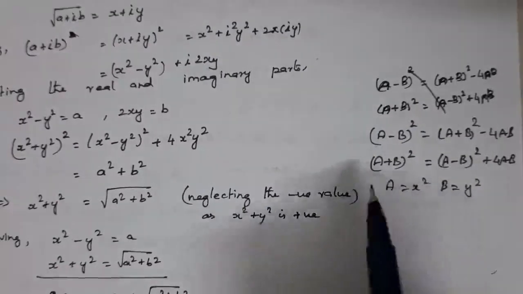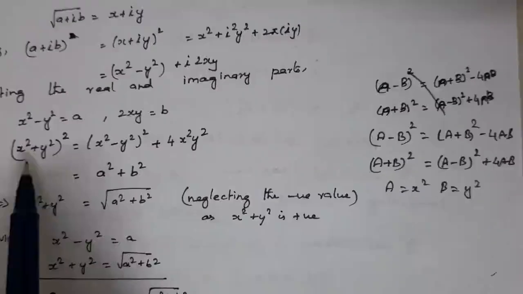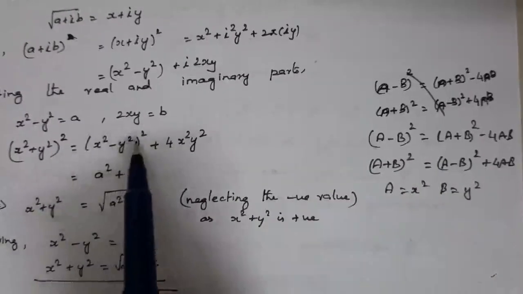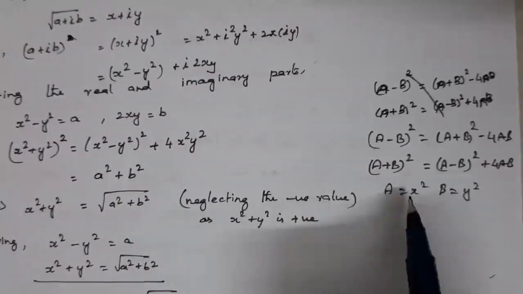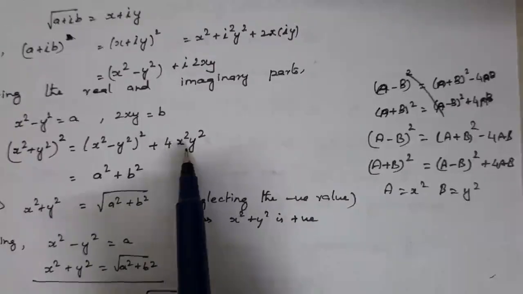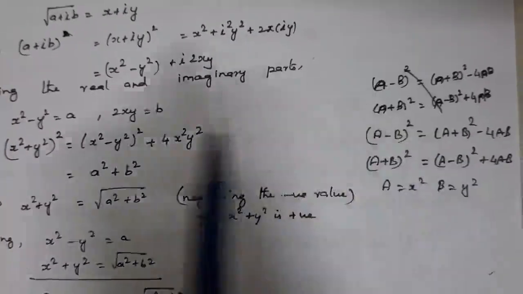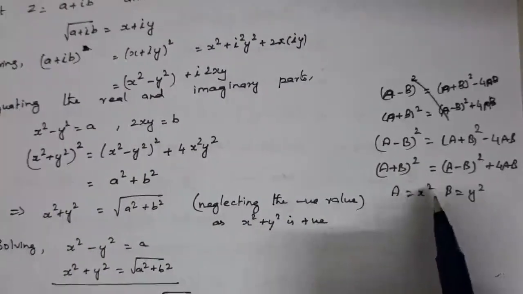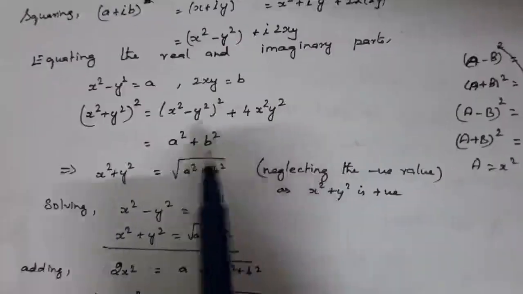So x squared plus y squared the whole squared is equal to x squared minus y squared the whole squared plus 4 into x squared into y squared. If I use the small letters, you will get confused with the small a and b we have already used, so I have changed it to capital A and B.